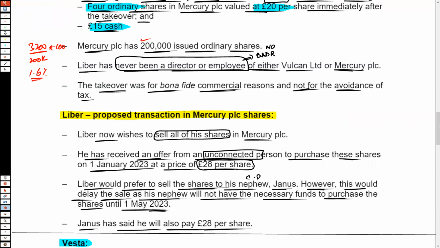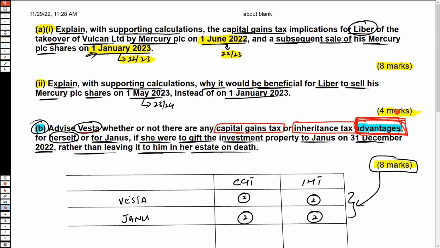Read the second requirement again and try to solve it. Very easy marks. The examiner is asking you to explain with supporting calculations why it would be beneficial. From this, it is confirmed that there is a benefit, because the examiner is asking why it would be beneficial for Liber to sell his Mercury PLC shares on this date in the next fiscal year instead of 1st Jan 23.